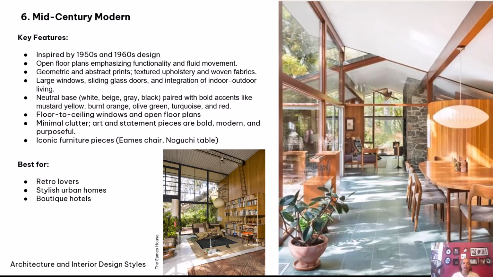So one of the key features of mid-century modern are these huge floor to ceiling windows and huge open spaces, so that again a lot of air would circulate and there was a lot of space to move around.